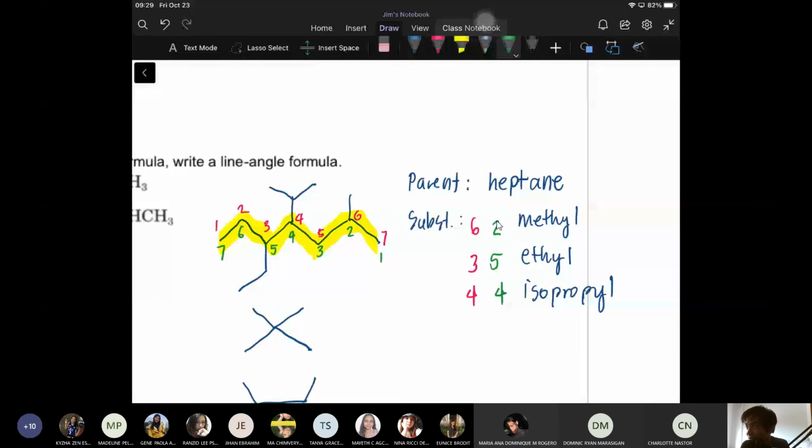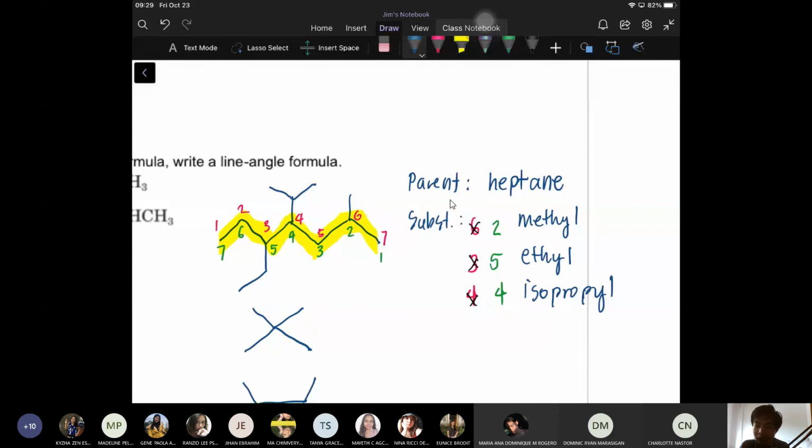Obviously, the answer is yung green. Bakit? Kasi lowest number yung meron tayo agad. Dito ang lowest number ay 3. Dito, ang lowest number ay 2. So clearly, panalo yung green. So hindi natin gagamitin yung red. I-X ko to. So hindi sila yung gagamitin natin because there is a possible na lowest combination. Lowest number yung binigay kay green. Okay? So that's how we check kung paano yung numbering nila.